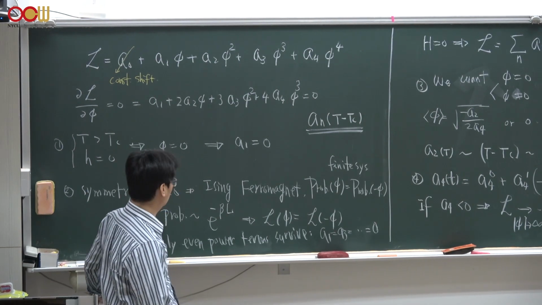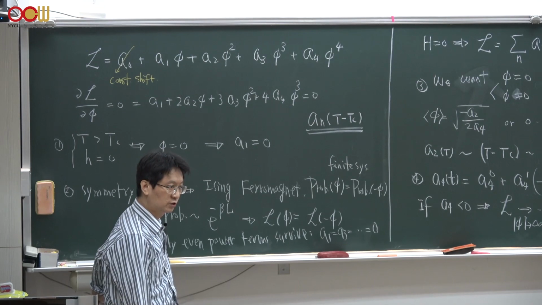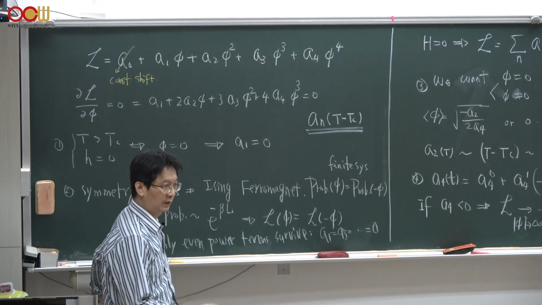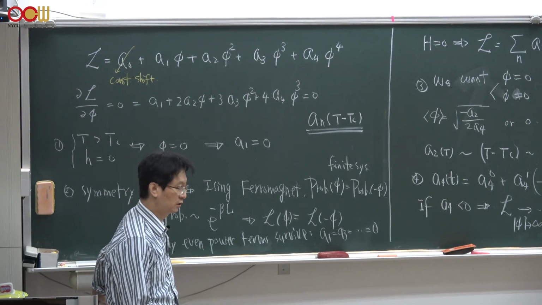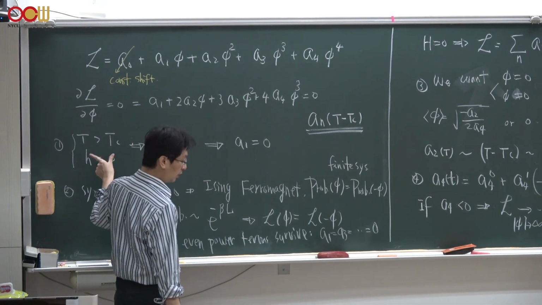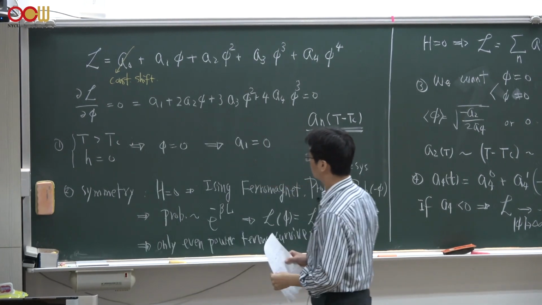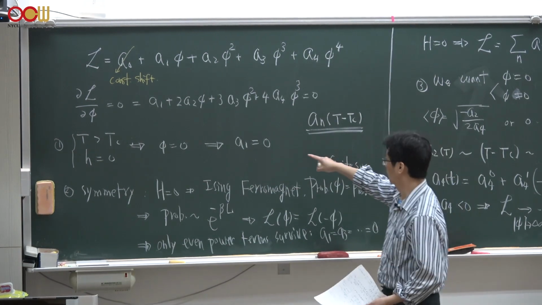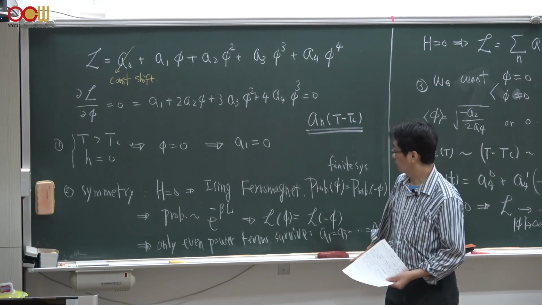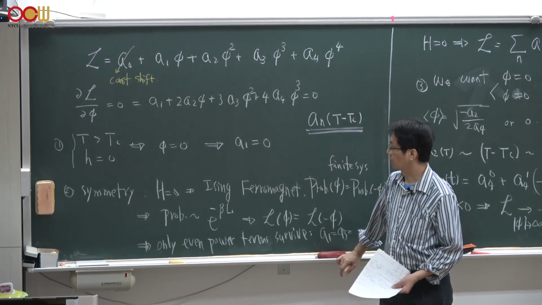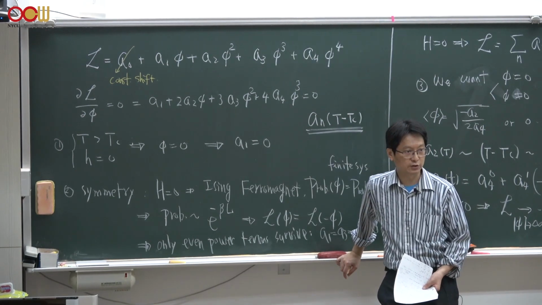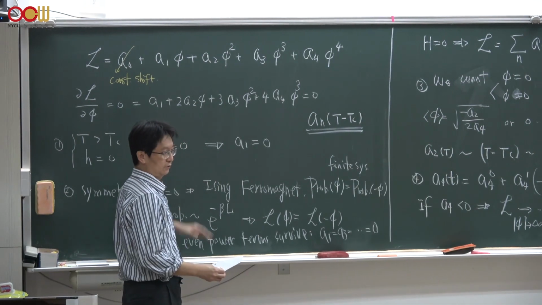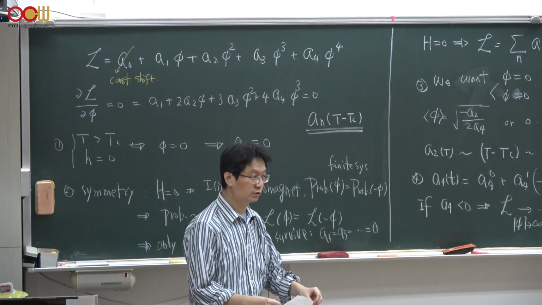And so in general, those coefficients are functions of temperature, and especially they are functions of T minus Tc when T is very close to Tc. So if we want to satisfy this condition that above Tc there's no finite order parameter, then A1 should vanish. Okay, if A1 is finite, then we cannot have a situation where phi is 0 above Tc. So this is the first thing that we need to satisfy.